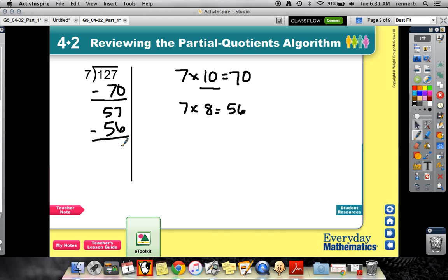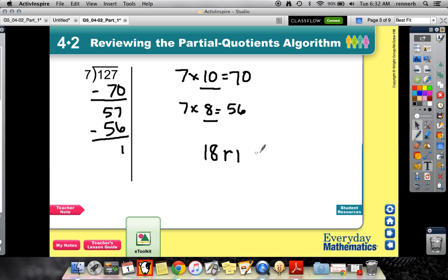And that's going to leave me with a remainder of 1. So now, here's what I'm going to do. This is where it gets a little funky. I'm going to add these together. 10 plus 8, that equals 18. And then I'm going to have this one, which is going to be my remainder. Remainder 1. So it's 18 remainder 1.